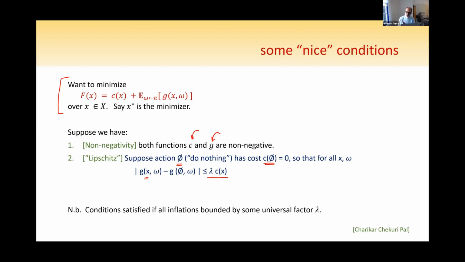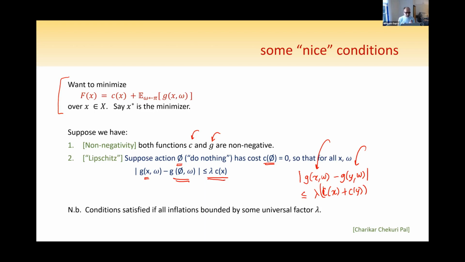So I say, look, if you screwed up, if you did action x instead of action y, so this says g of x omega minus g of y omega is at most lambda times the cost of x plus the cost of y. Because the distance of both this and this from this default action is at most lambda times the cost.